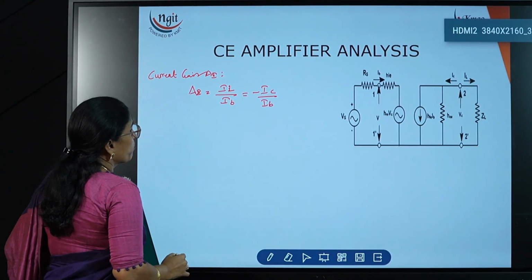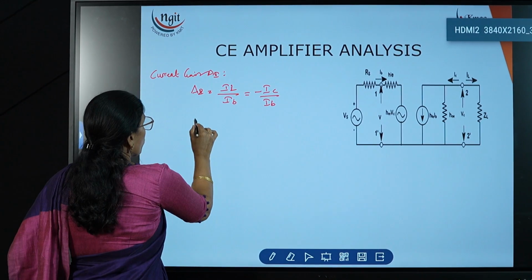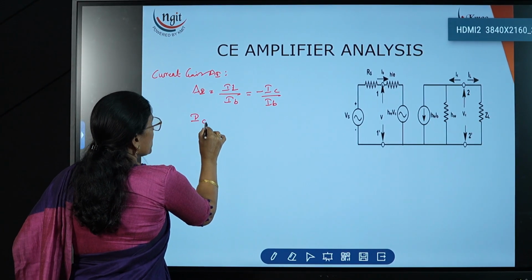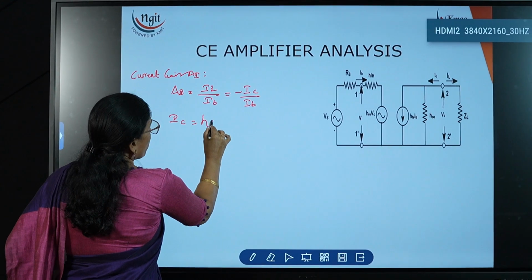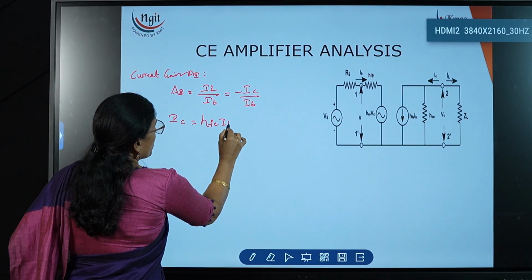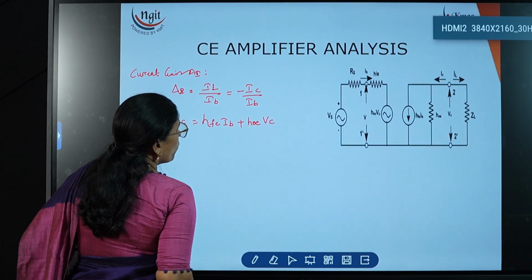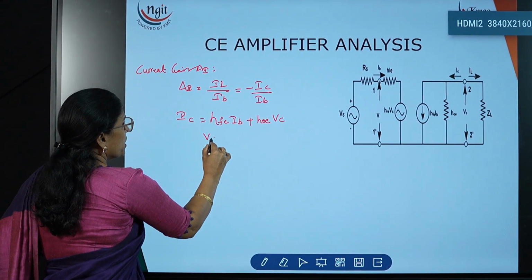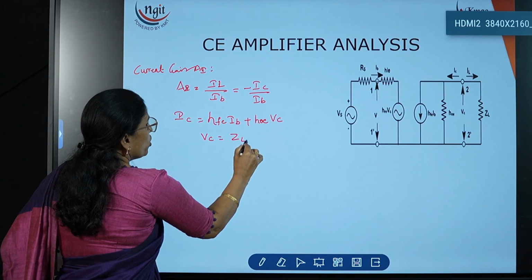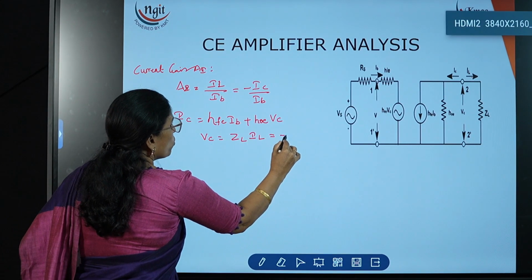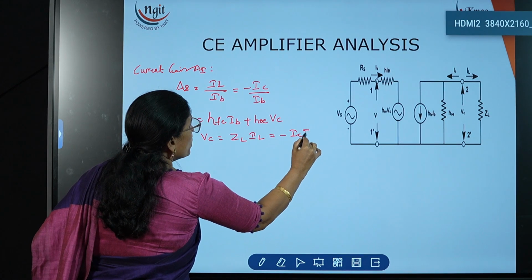Now IC is equal to HFE IB plus HOE VC. Where VC is equal to ZL into IL, that is equal to minus IC into ZL.